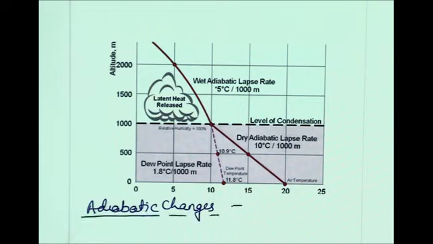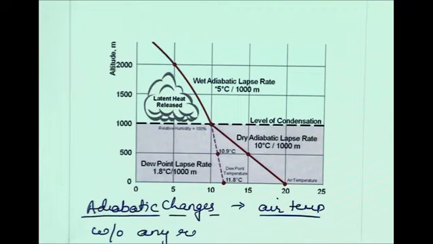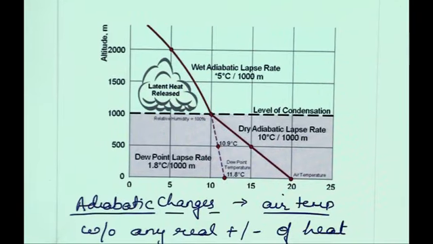Adiabatic changes are defined to be change in the air temperature without any real addition or subtraction of heat. So the question automatically gets generated: how can I change the temperature when there is no addition or subtraction of heat? So this comes with the reference of volume change.